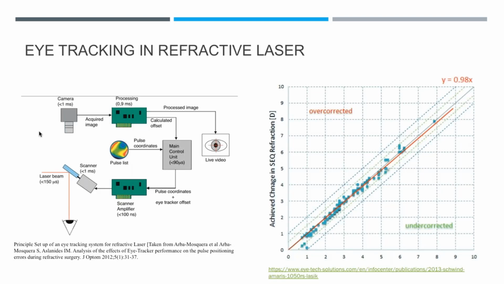And then we have the outcomes where the red line represents the ideal surgical outcome, and here we can see that using this technology, treatment outcomes very closely oscillate around this ideal line and are staying away from overcorrection or undercorrection zones.